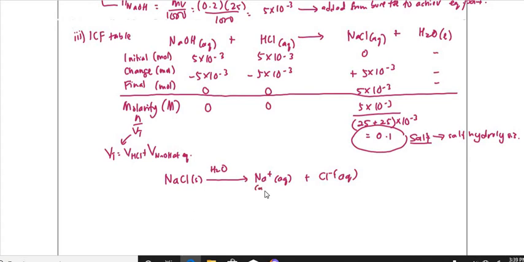As we know, cation from base and anion from acid. Suitable base that produce Na plus is NaOH. Suitable acid that produce Cl minus is HCl.